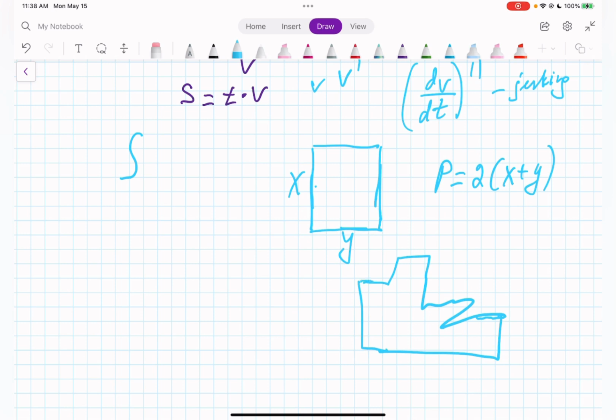And in this case, you can't apply geometry, x plus y times 2. In this case, we are going to use integral. If I call this f of x, then here I'm going to put the integral of f of x. That will give me the perimeter, f of x dx.